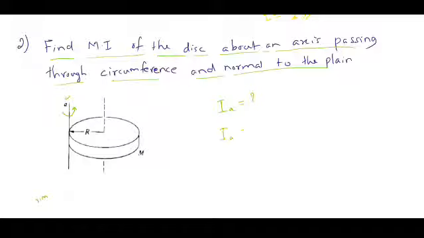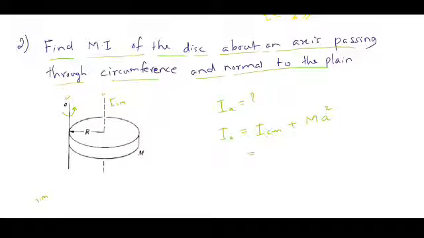This IA is equal to, we know the general expression for the parallel axis theorem, that is, I center of mass plus mass into distance between the two axes, a square. The center of mass axis is this one that everybody knows, the natural axis.